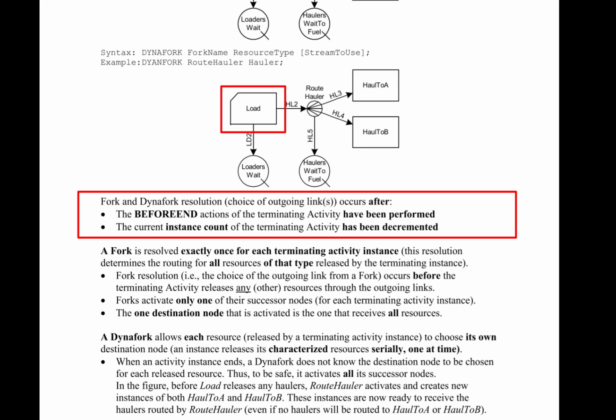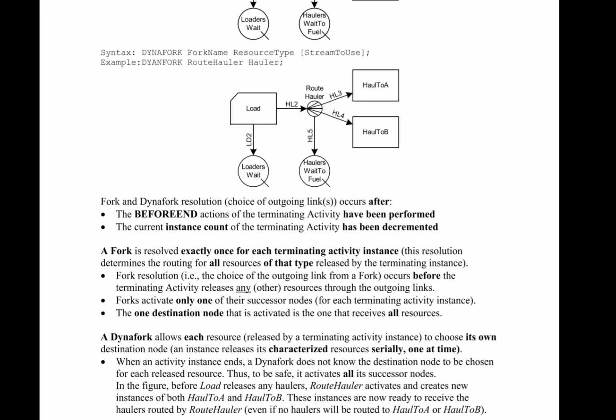For example, in the figure above, the resolution of route hauler occurs after the before-end actions of the terminating load have been performed. Also, the resolution of route hauler occurs after the instance count of load has been decremented.